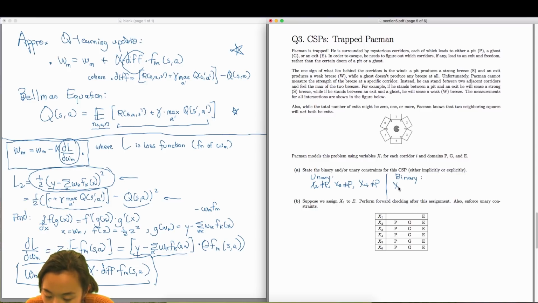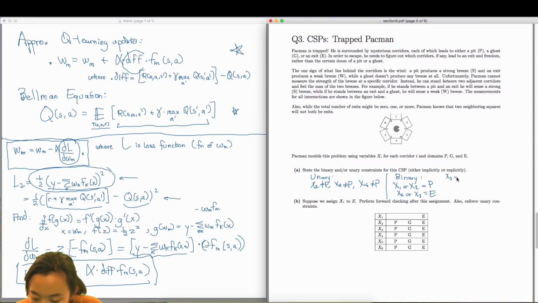So x1 or x2 equals pit. And then likewise, we can do this for every pair of adjacent corridors or boxes here. So x2 or x3, something has to be generating that weak wind, so one of them has to be an exit.